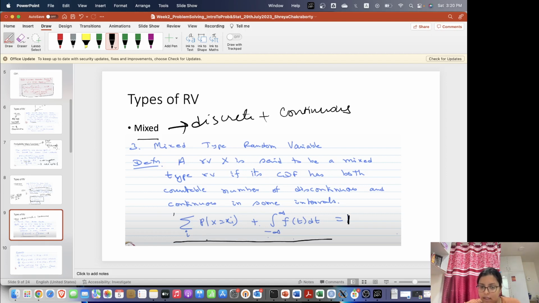Individually, these components are also greater than or equal to 0. So the left hand side is by default greater than or equal to 0. And these two components, the discrete component and the continuous component, should add up to 1.